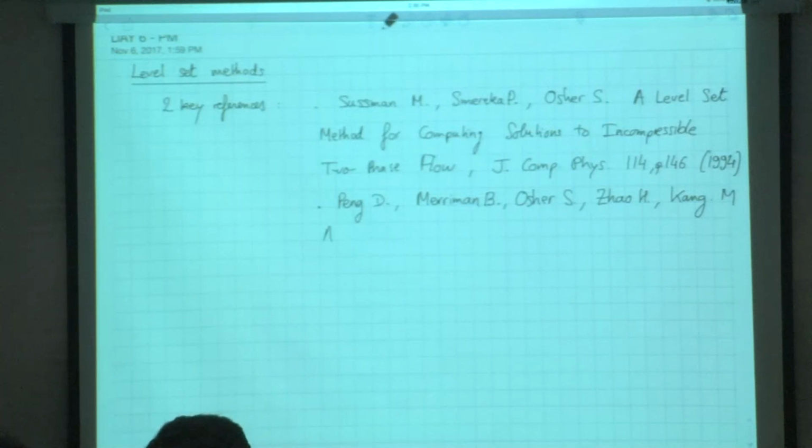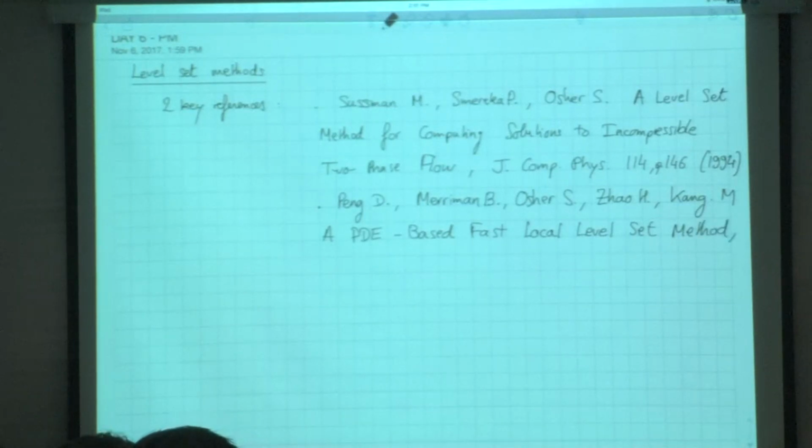This is a PDE-based fast, local level set method. The paper is again a Journal of Computational Physics paper, volume 155, page 410 from 1999.